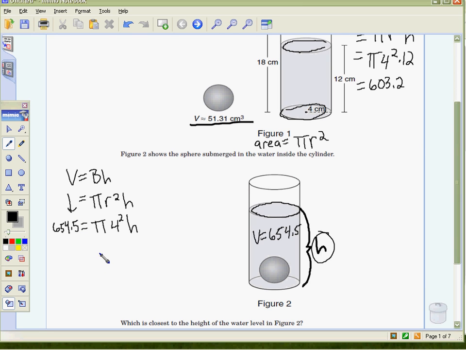So I want to solve for h. So pi and 4 squared are both being multiplied with h, so I can just divide by, I'm going to call it 16 pi since 4 squared is 16. So divide both sides by 16 pi. This goes away, and I get h equals 654.5 over 16 pi.